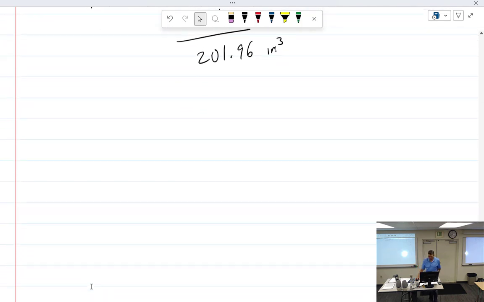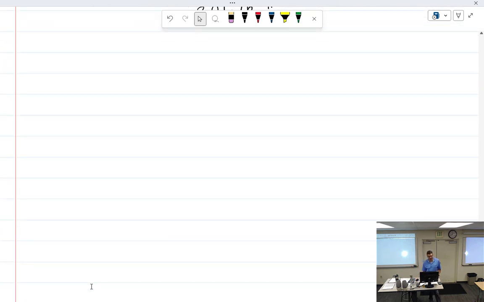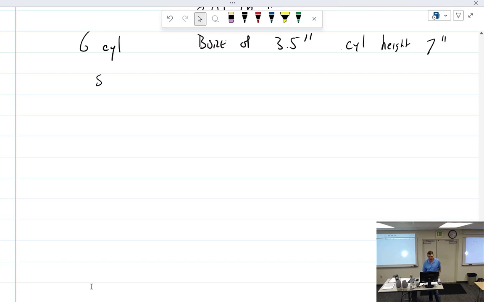All right, how about this one? A 6-cylinder engine with a bore of 3.5 inches, a cylinder height of 7 inches, and a stroke of 4.5 inches.